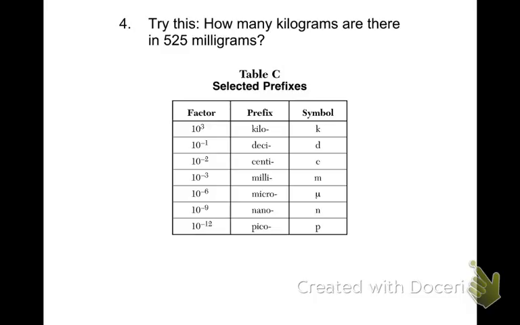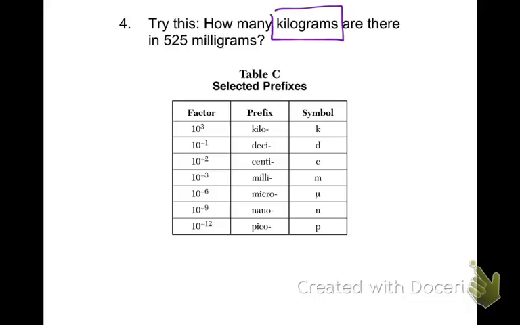So the first question that we're going to talk about is how many kilograms are there in 525 milligrams? So if we take a look at this, we're going to be converting from milligrams to kilograms. So we've got two conversion factors here.